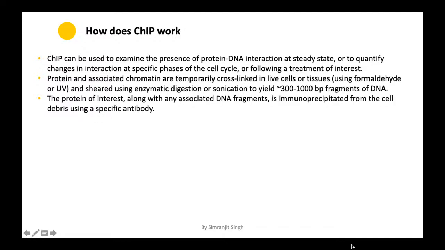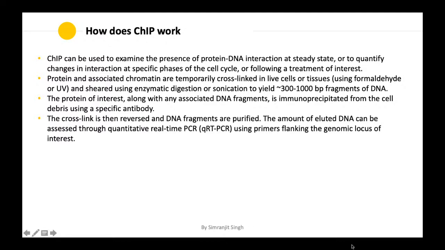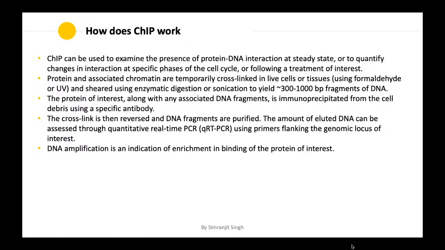The protein of interest, along with any associated DNA fragments, is immunoprecipitated from the cell debris using a specific antibody, and the cross-link is then reversed. DNA fragments are purified, and the diluted DNA can be assessed by qRT-PCR using primers flanking the genomic locus of interest. Then DNA amplification is an indication of enrichment in binding of the protein of interest.